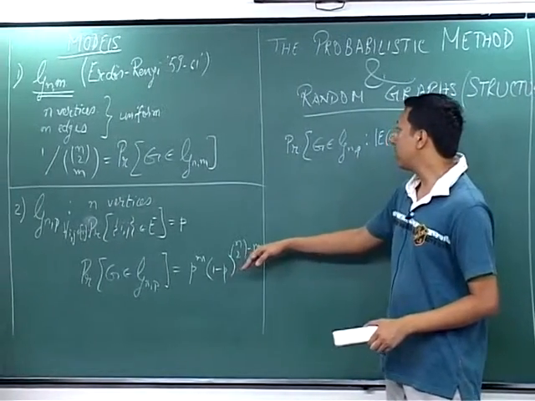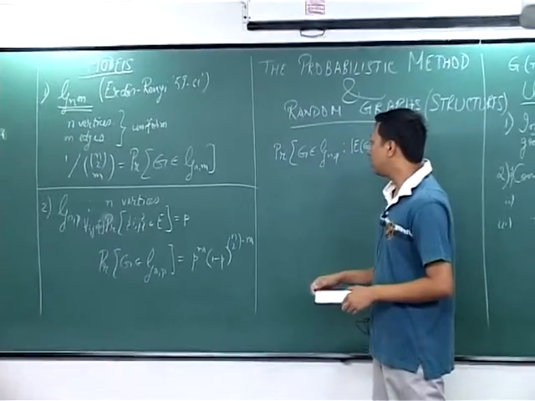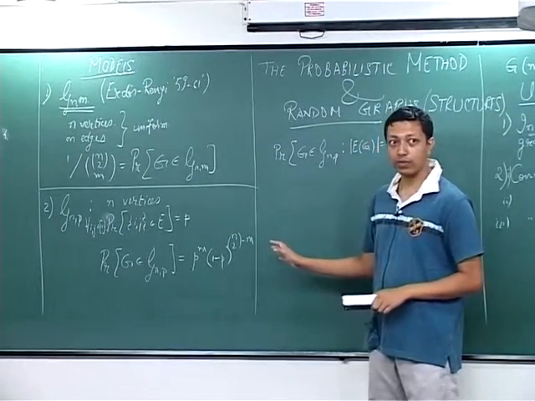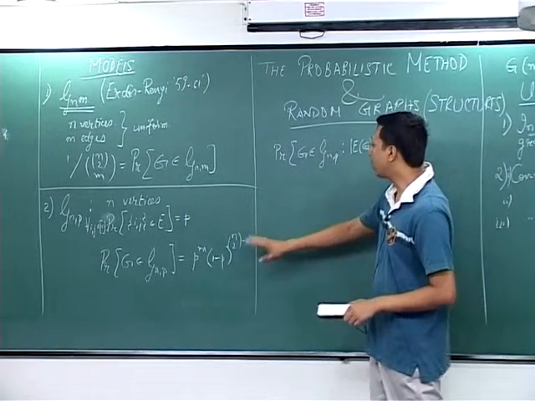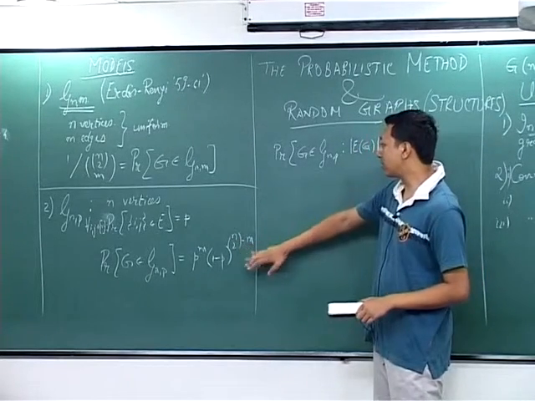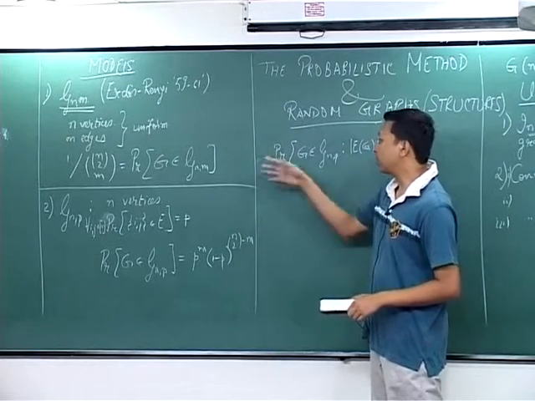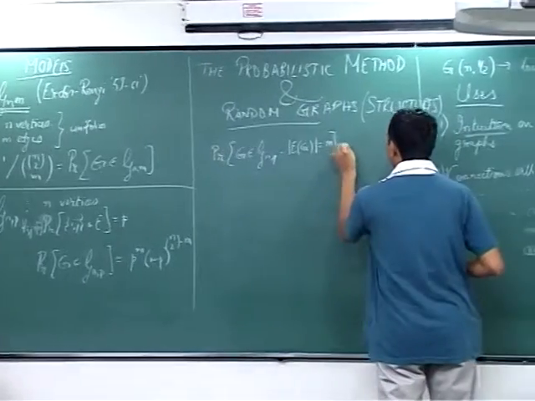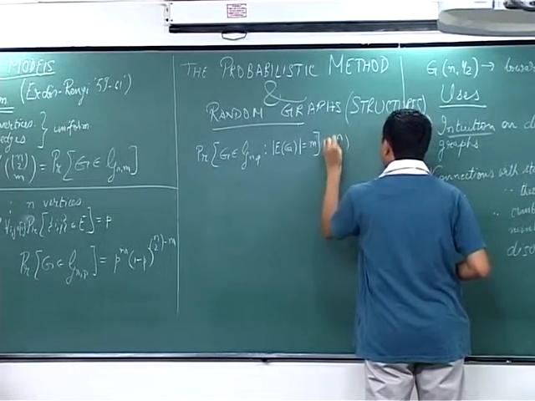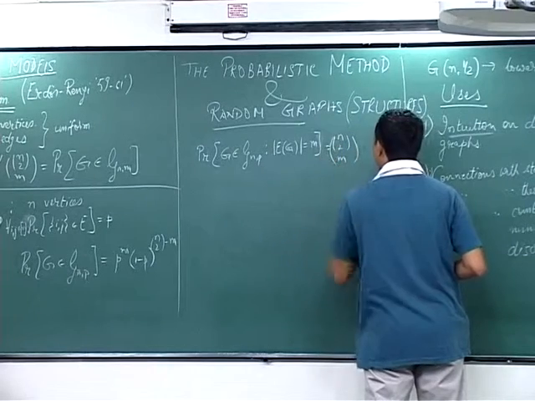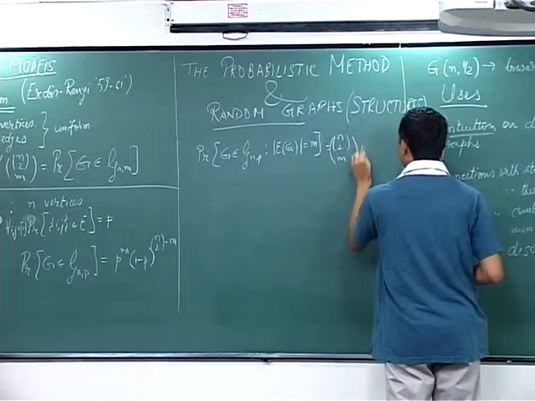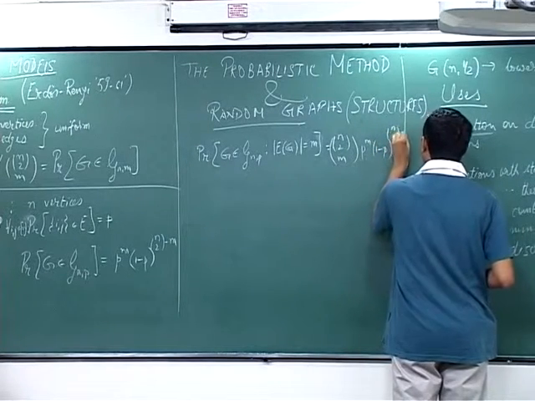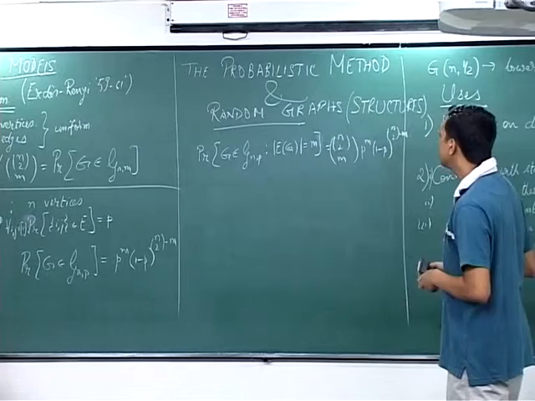So in that sense it's again uniform over all graphs which have m edges. If you condition on the fact that G has exactly m edges, you will get back the previous distribution. And this is exactly n choose 2 choose m times p to the m.